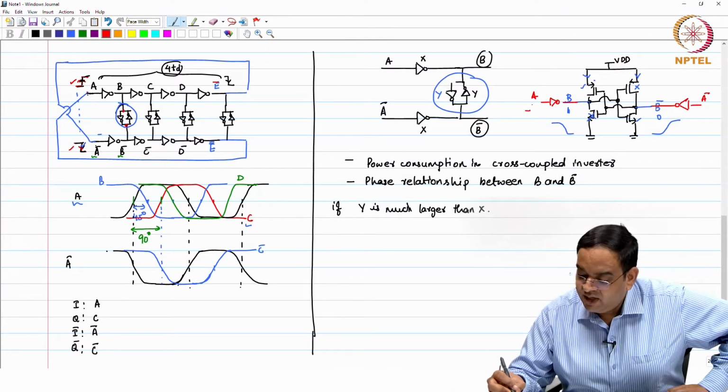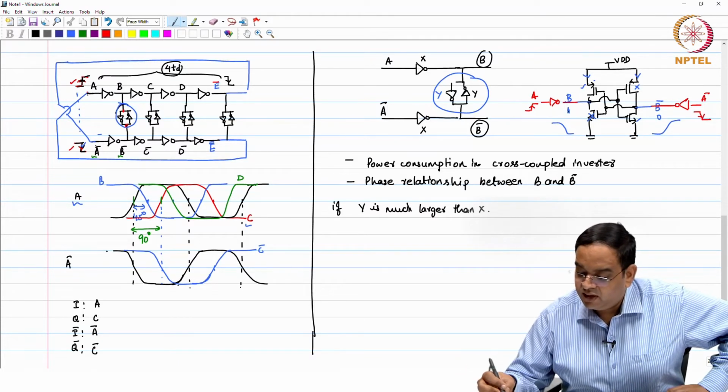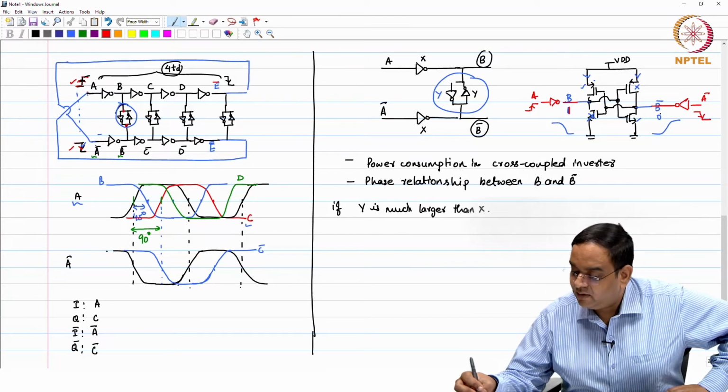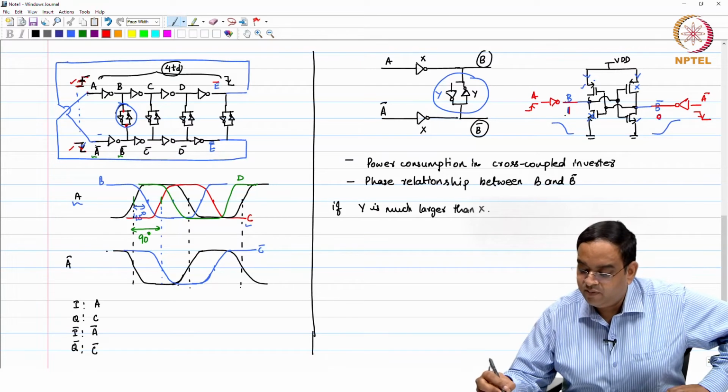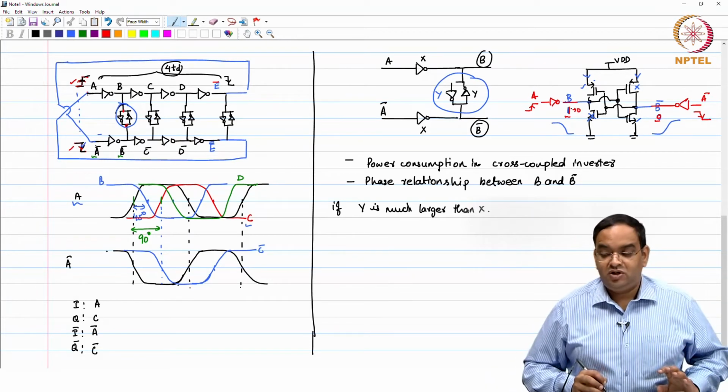If I make a rising edge transition here and I make a falling edge transition here, okay, and consider that previously B was 1 and B bar was 0. If that was the initial condition and A goes from 0 to 1, ideally your B should go from 1 to 0, okay.